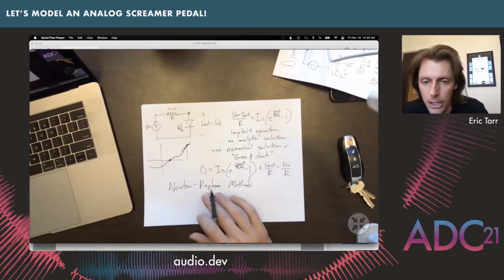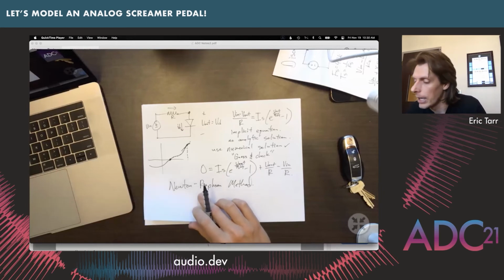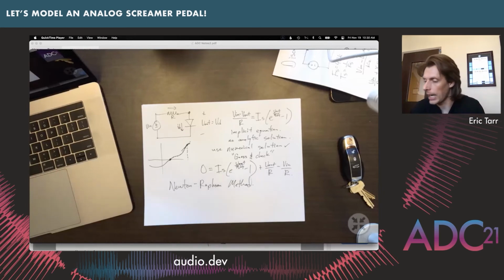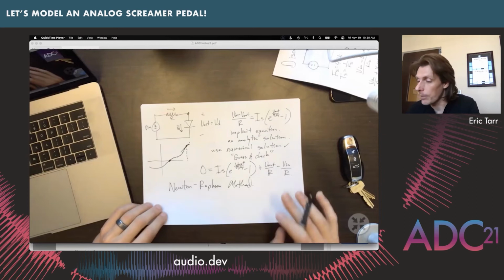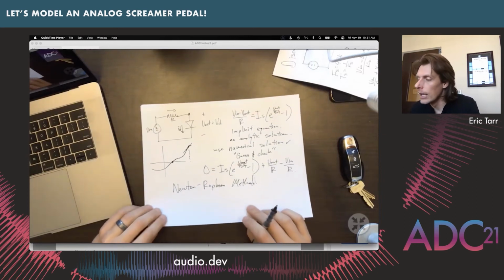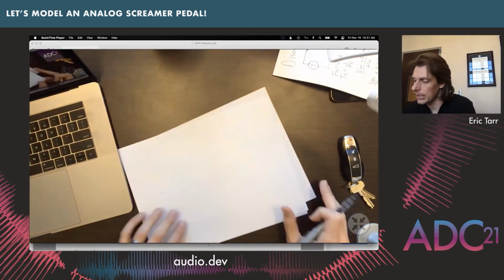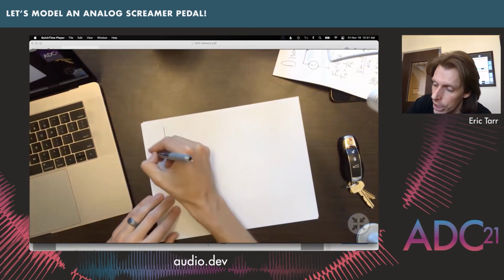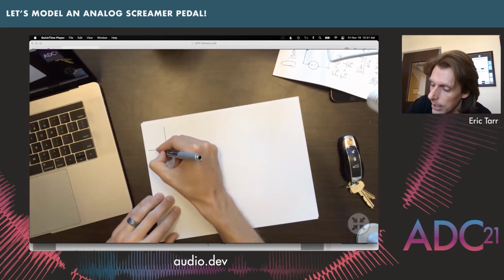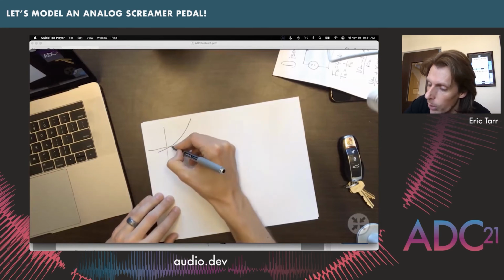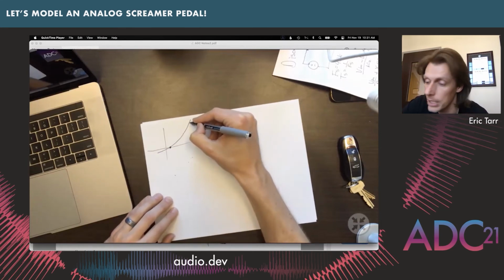Hopefully people that are attending here are familiar with the concept of the derivative. If not, you're going to have to just take my word for it for now. So let me draw for you what this method is all about, the Newton-Raphson method. Let's say we have this nonlinear function that ends up looking like this, and we want to find this point right here, and we're starting from this point right here.